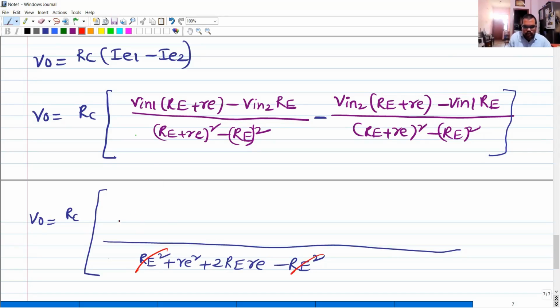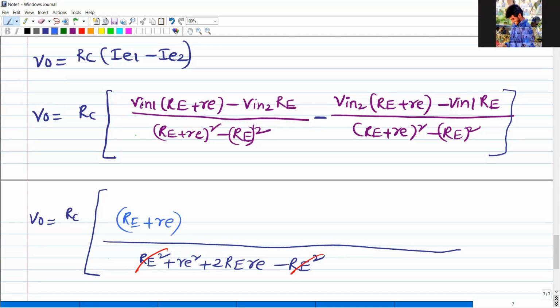Now coming to the numerator, in the above numerator, wherever RE plus RE is common, I want to take the common of RE plus RE. Here V in 1 is there. Yes or no? Yes, sir.